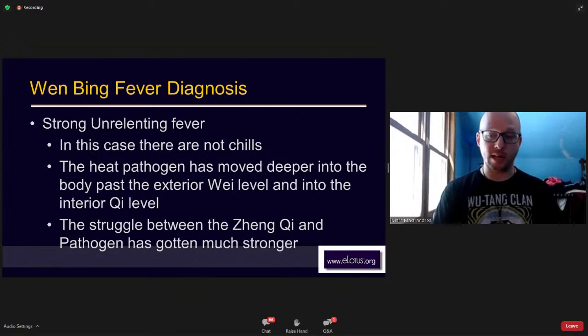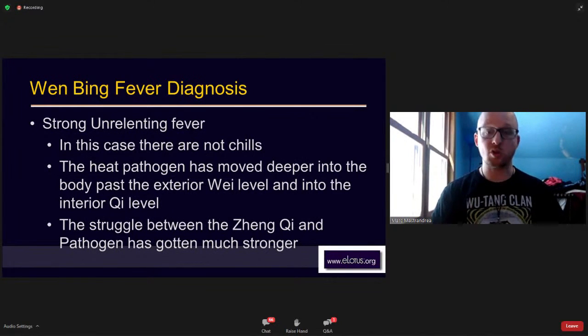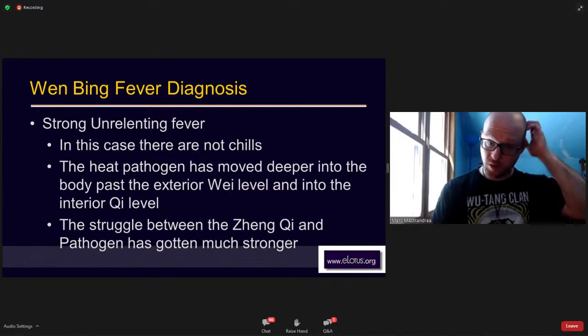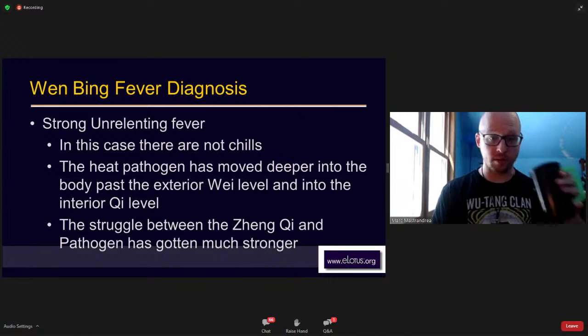This is something we also talked about in the Shanghanlun class. You will get more heat when Yang Ming gets involved. Yang Ming has a higher quality of Yang Qi, not necessarily more. So you will get more refined Yang, you will get a higher heat. This is the reason. In the Qi level, if it's moving in, and the fever is really unrelenting, it means that the heat is in Yang Ming in the Qi level. That's the sign here.